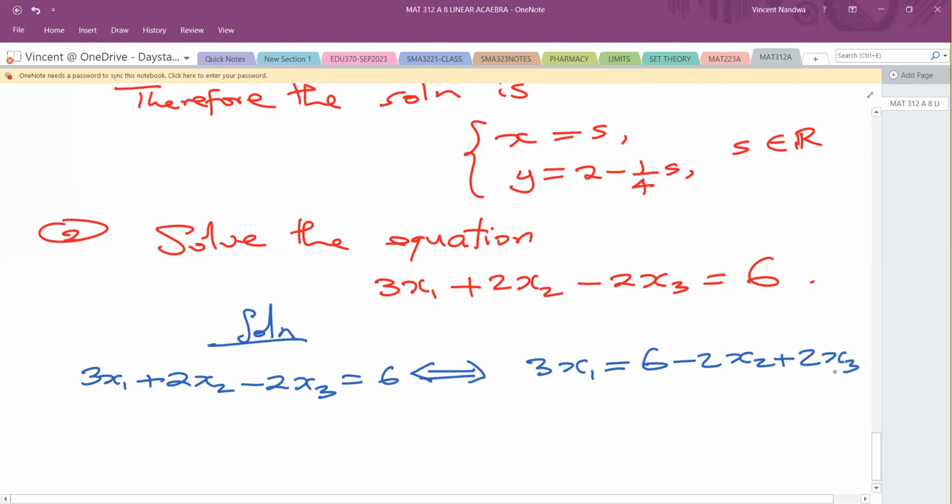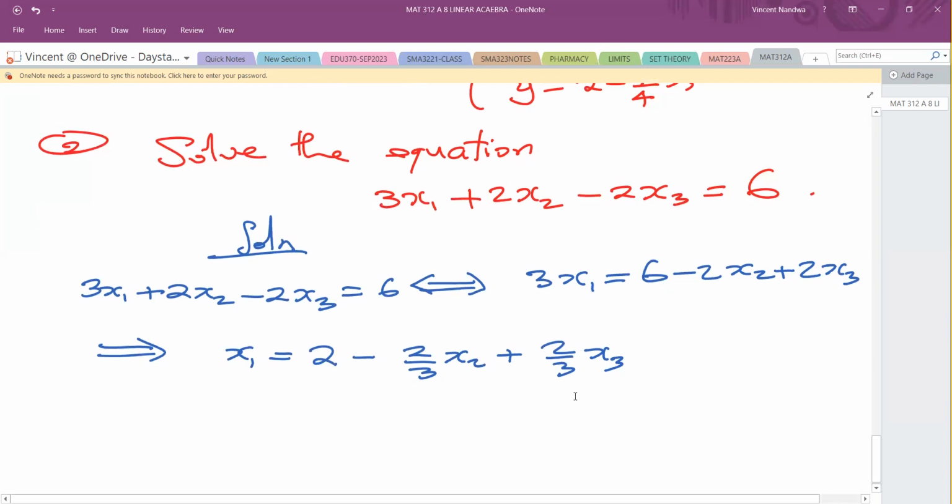Hope that line makes sense. Which means that x1 alone will be, you divide through by 3, 2 minus 2 over 3 x2 plus 2 over 3 x3.